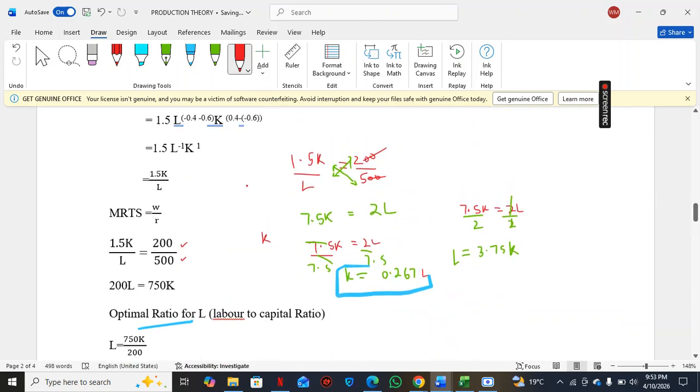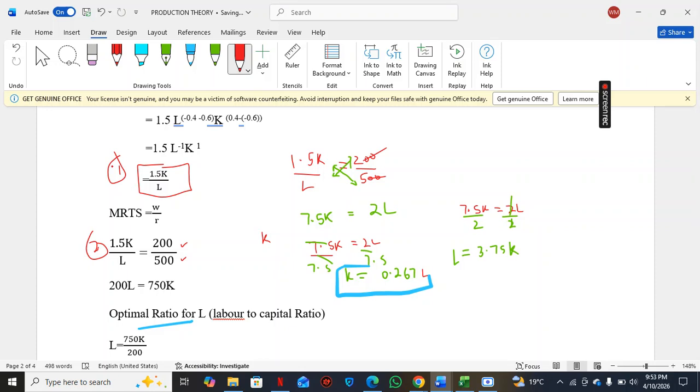That was this 1.5K over L. Step 2, equate the marginal rate of technical substitution to the wage rate over the rate of capital, so that you can get the optimal ratios for L and K.